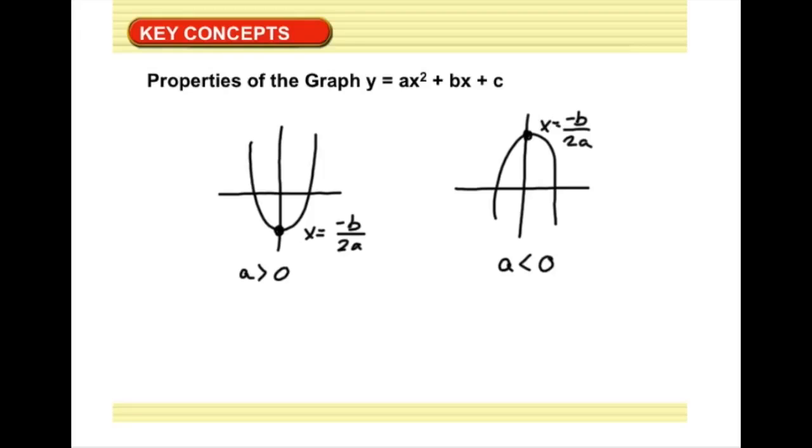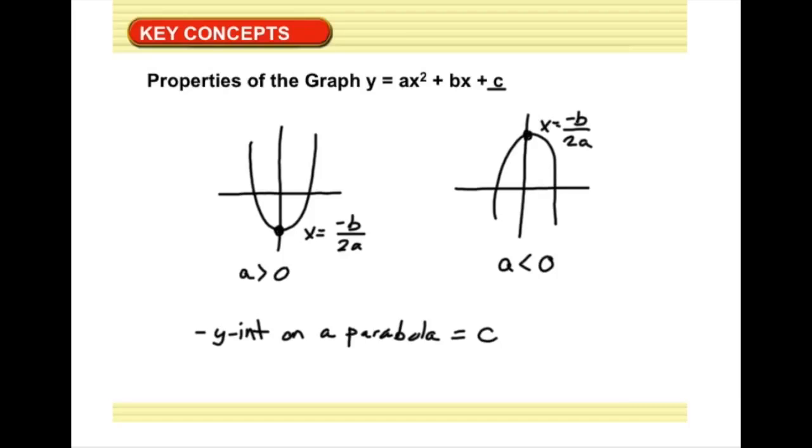One other thing that's interesting is that the y-intercept on a parabola is represented by the value c in your equation. This c right there. Right? So wherever the parabola crosses the y-axis, we actually have a c value.